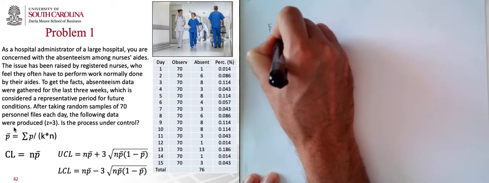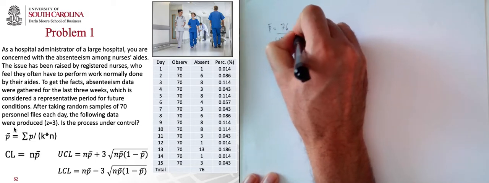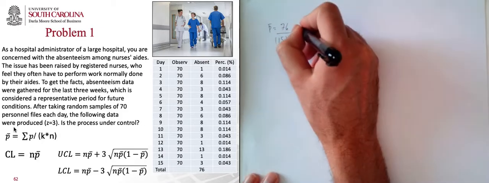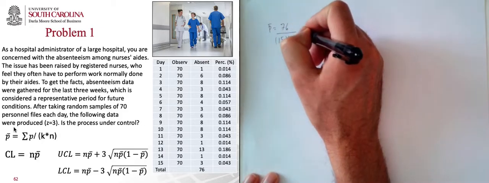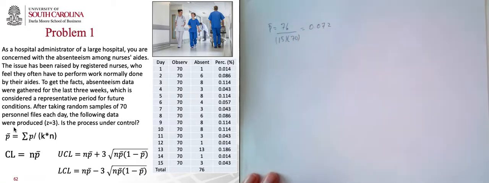We have 15 different samples, and N is 70. So 15 times 70 here, and that will give our P bar, which is 0.072, and that's the percentage of our central line.